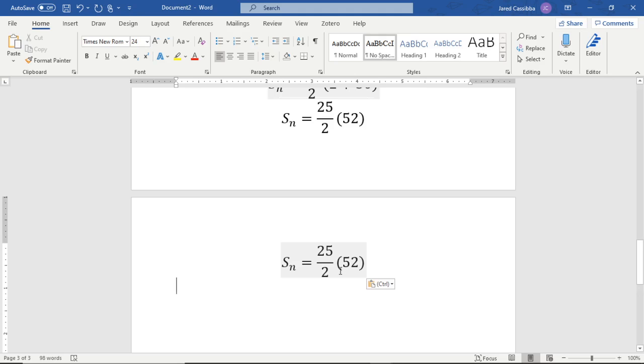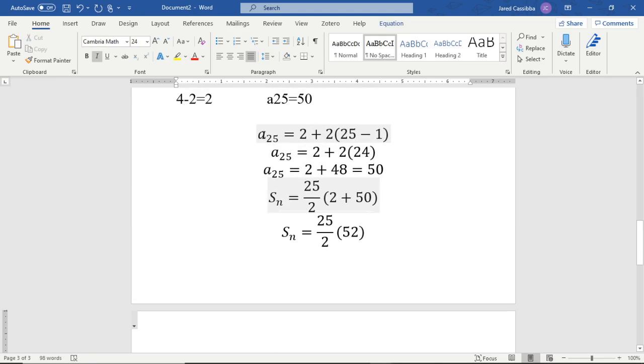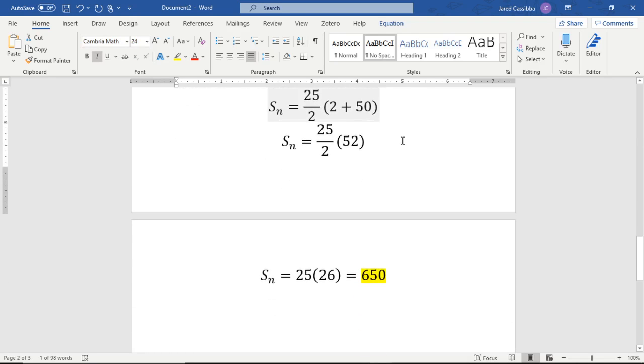It is 26. So this is going to be 25 times 26, which equals 650. So the sum of this series is 650 for the first 25 terms.